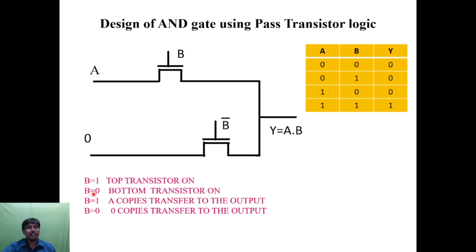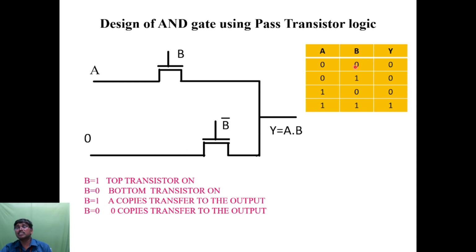Here I am explaining deeply. When B is equal to 1, the top transistor is on, that is B, the control input. When B is equal to 0, the bottom transistor is on. So when B is equal to 1, A is copied and transferred to the output, and when B is equal to 0, 0 is copied and transferred to the output.